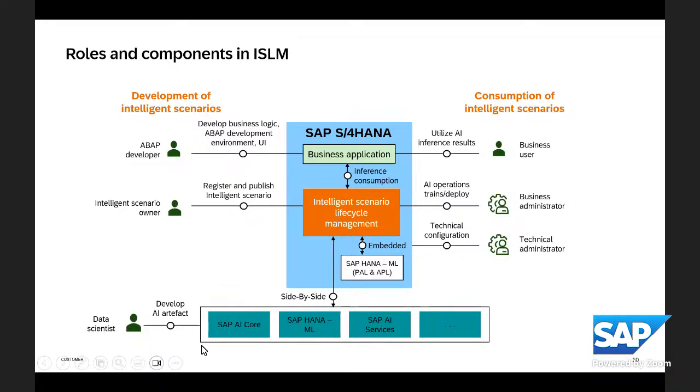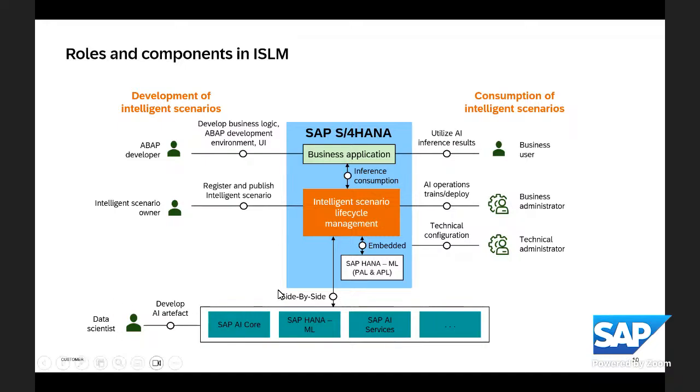So at the bottom of this picture, we have the different ML runtimes represented. What we're trying to portray here is that intelligent scenario lifecycle management, or ISLM, lets you connect to any of these platforms. And the entire process starts here, where you have your data scientist and your AI personas or developers, and they are developing these AI artifacts.